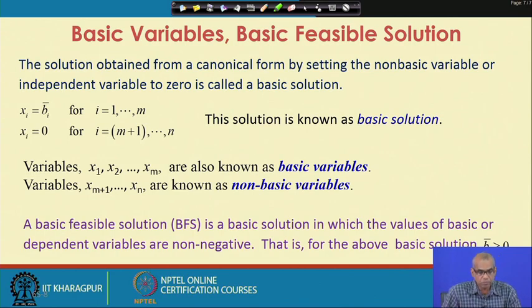The solution obtained from a canonical form by setting the non-basic variables to 0 is called a basic solution. In general, I can write x i equal to b i bar for i equal to 1 to m, which are basic variables, and x i equal to 0 for i equal to m plus 1 to n, which are non-basic variables. This solution is known as the basic solution.